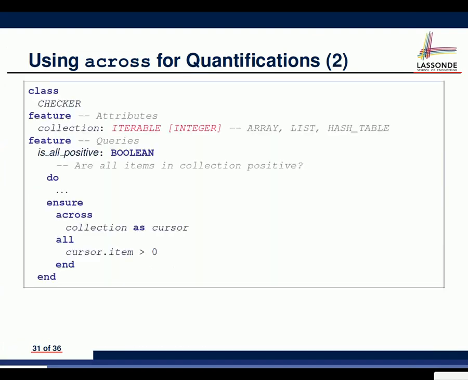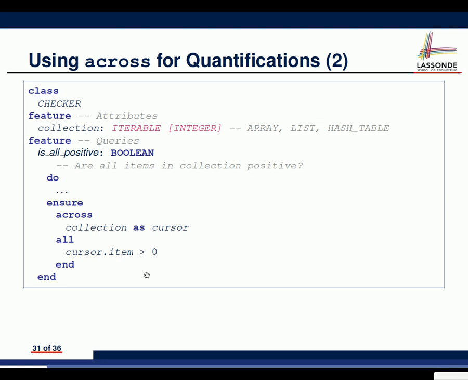Okay, this one is rather easy over here. Basically we're just using cursor. You always have to say cursor.item. So now, take 20 seconds to convince yourself. Over here, when I say across collection as cursor, let's say collection is any iterable. I'll talk about iterables next week, don't worry. So let's say an iterable can be an array, linked list, or hash table.